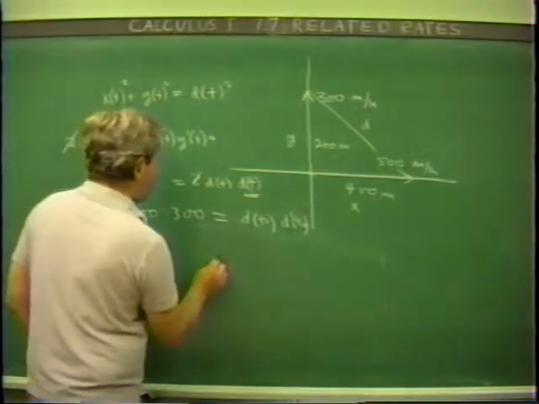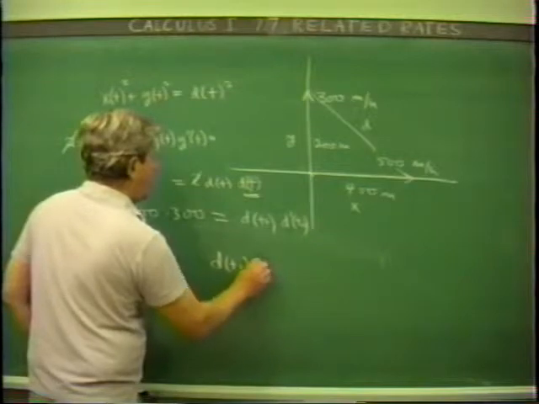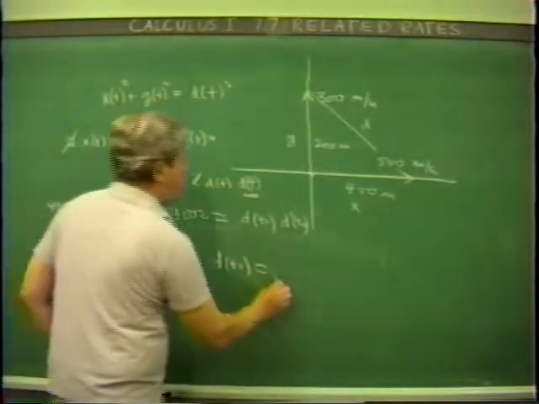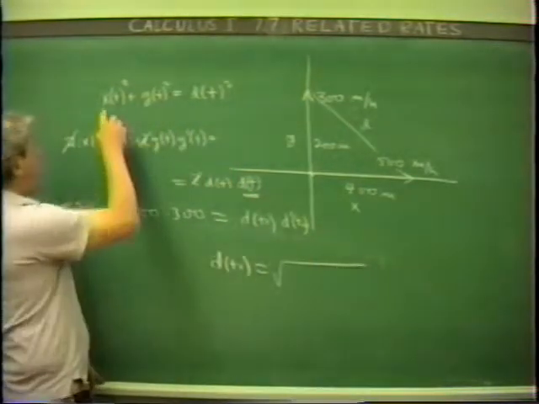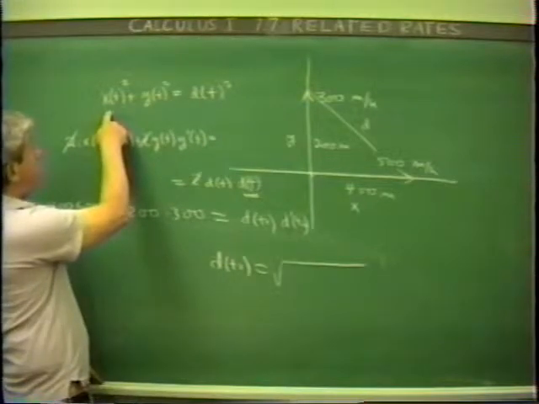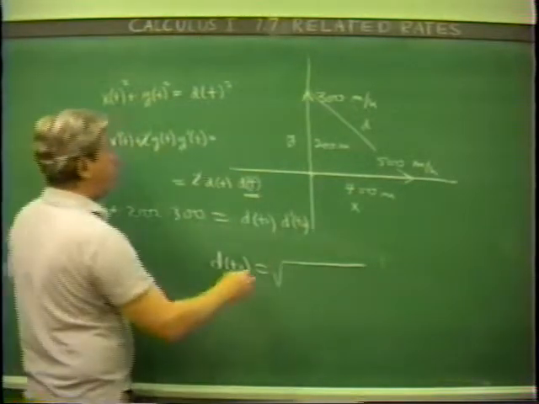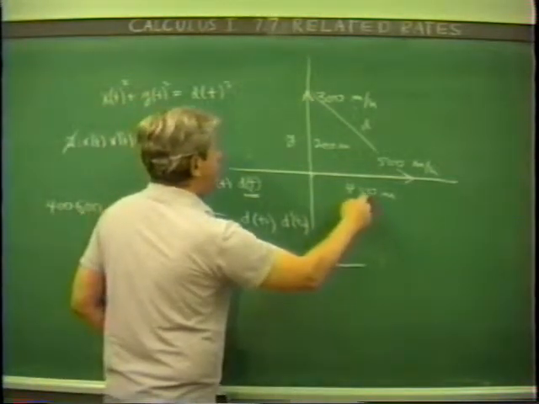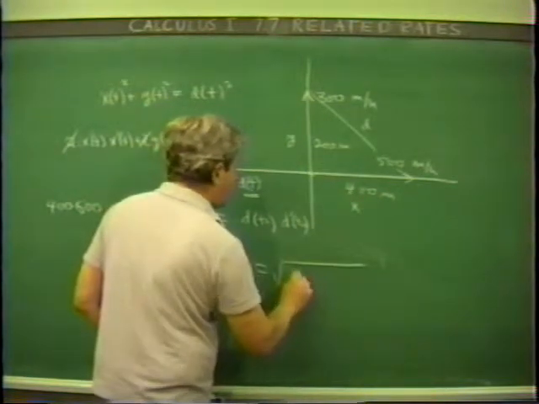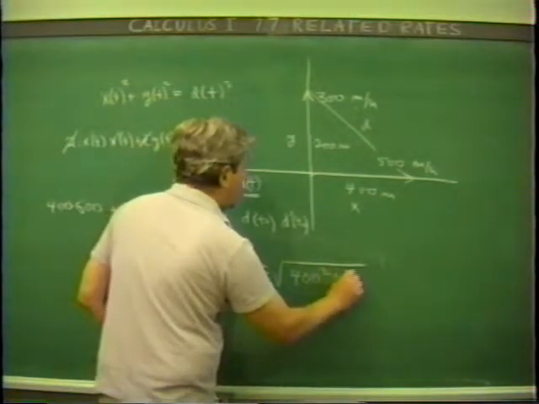Now we can use the earlier equation to find out what d is. D at the time we're interested in is equal to the square root of x of t squared plus y of t squared, which is 400 squared plus 200 squared.